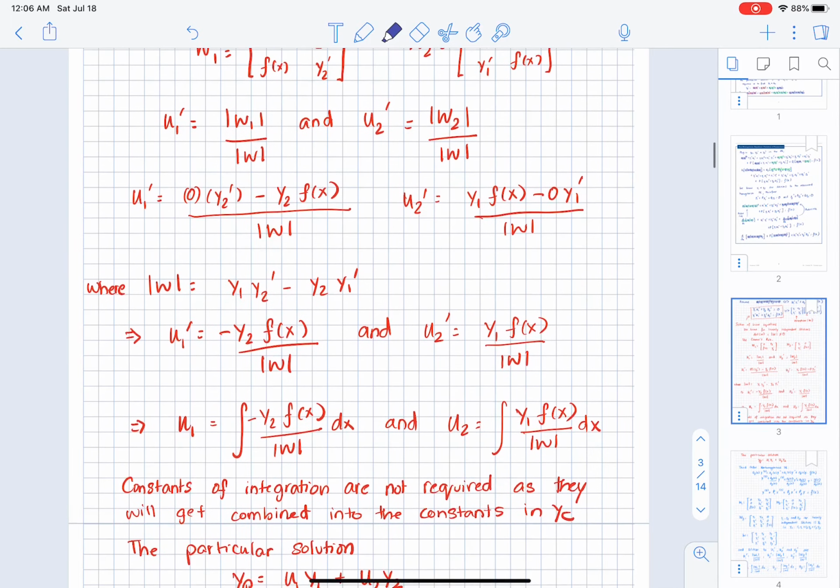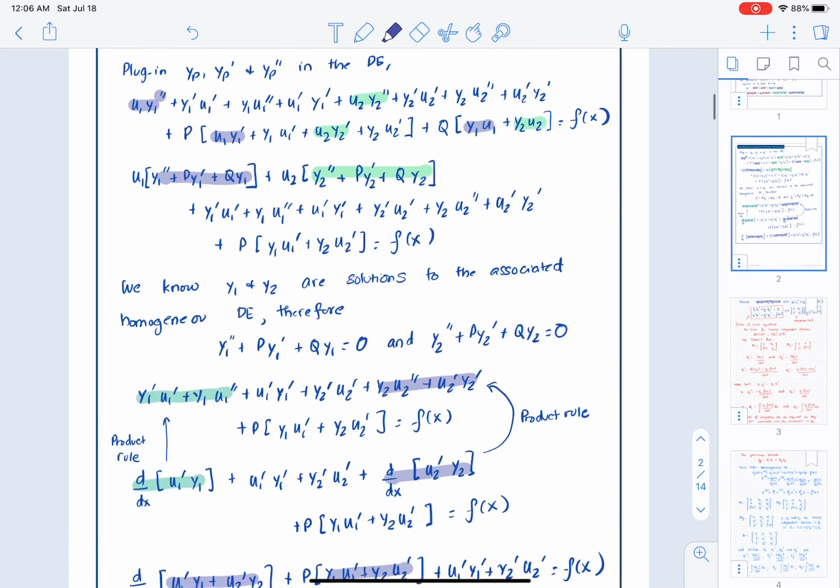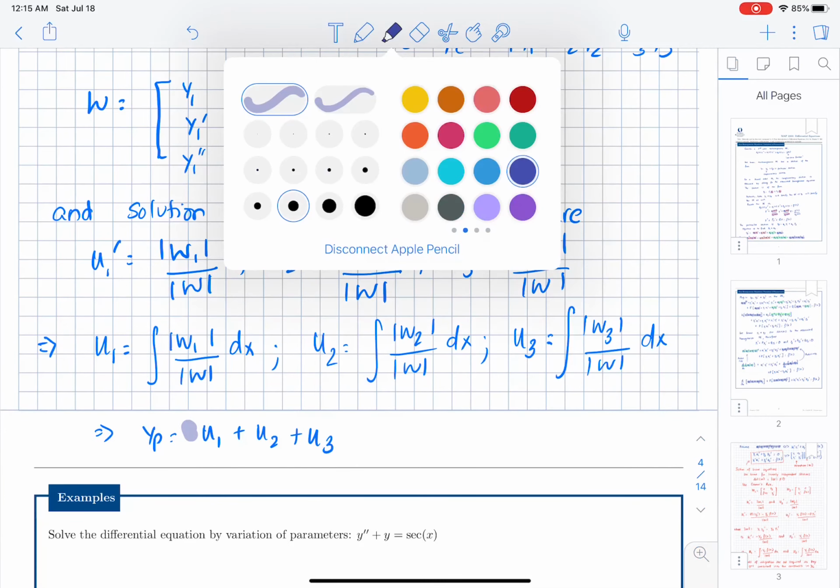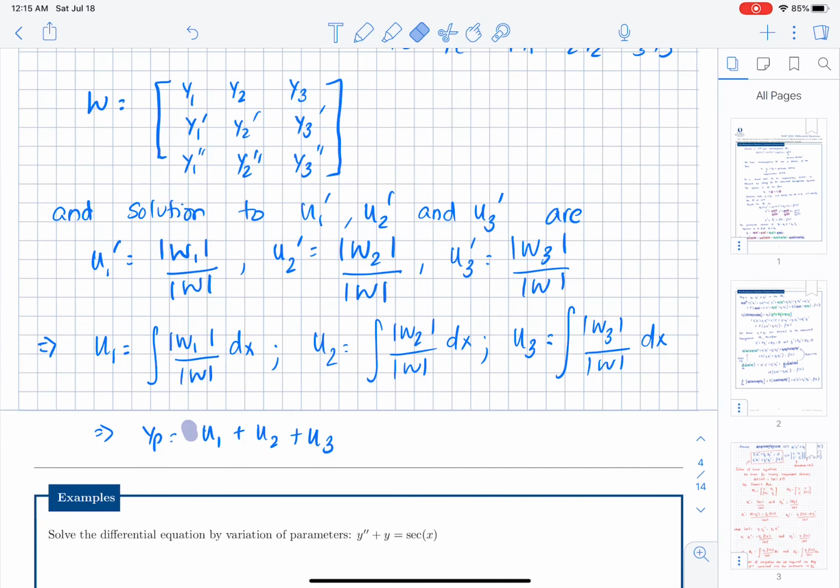So we've got to go back to our substitution. By plugging the substitution back in, we would have y1 u1 plus y2 u2 plus y3 u3 as the particular solution.